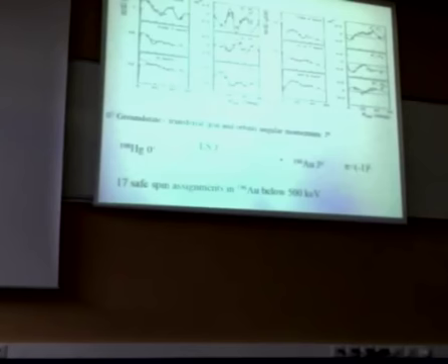Now, here are examples of the cross-sections for different states and the analyzing powers for different states. There are cross-sections and analyzing powers. Now, you have a ground state of 0 plus, and then of course the deuteron has a spin 1.